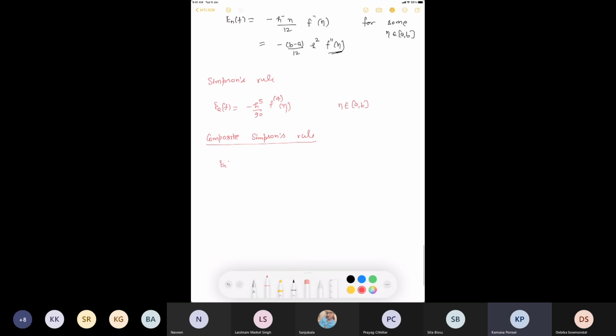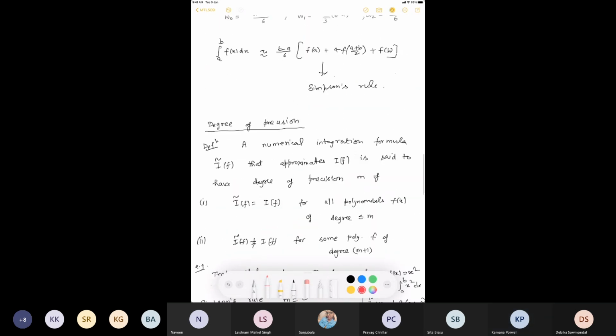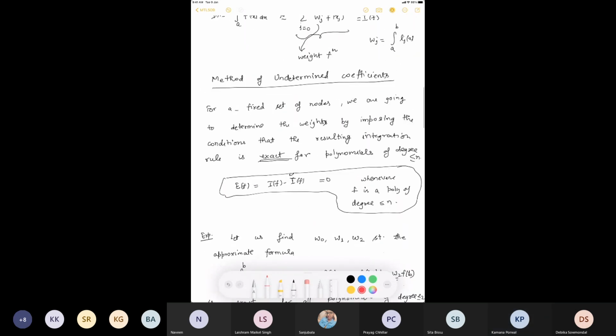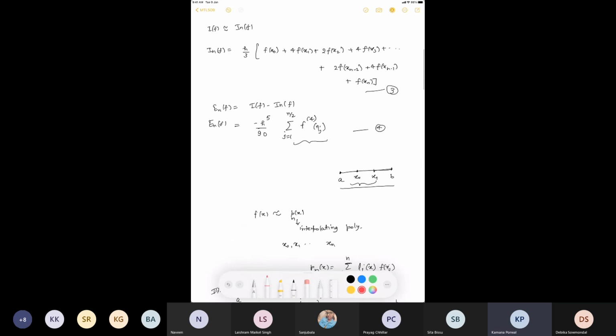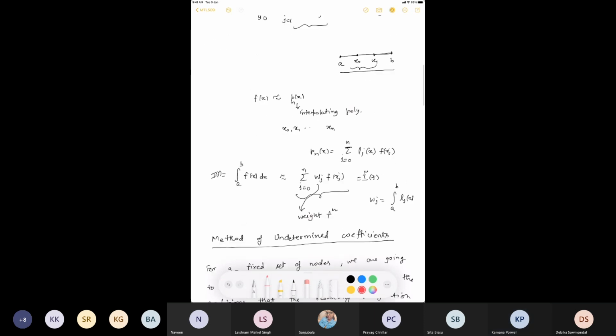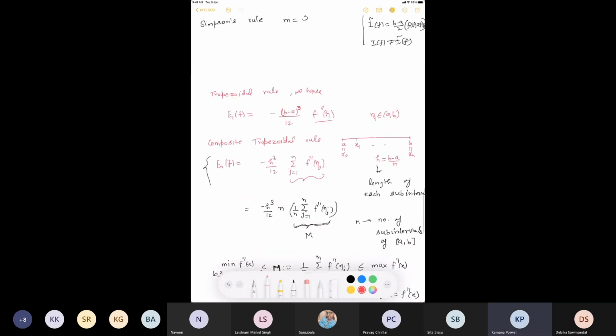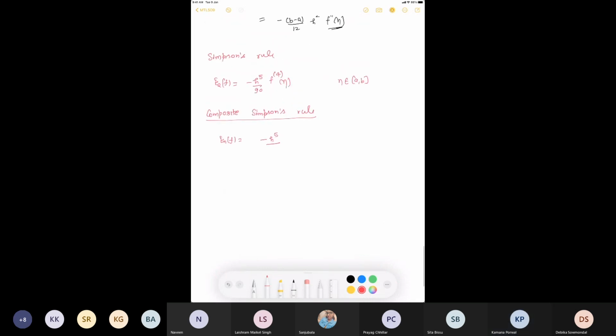So here the error formula is minus h raised to power 5 divided by 90, and then we have summation of the fourth derivative of f evaluated at eta j, j varying from 1 to n by 2.